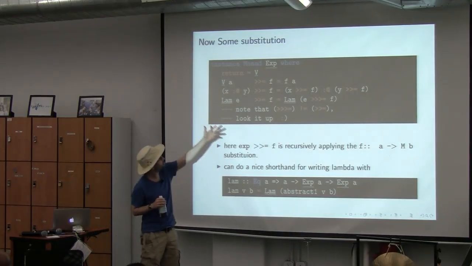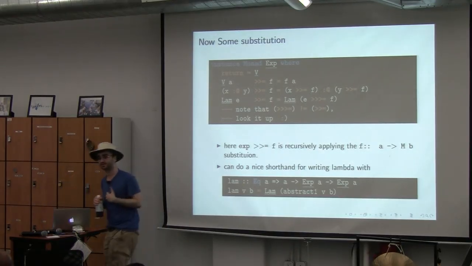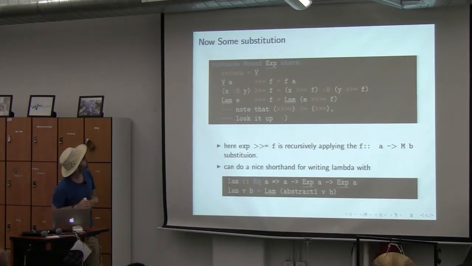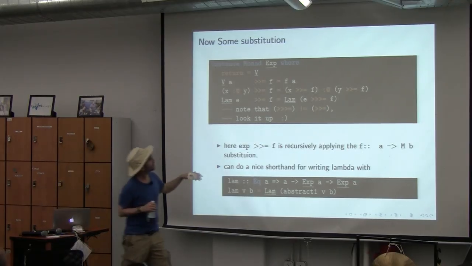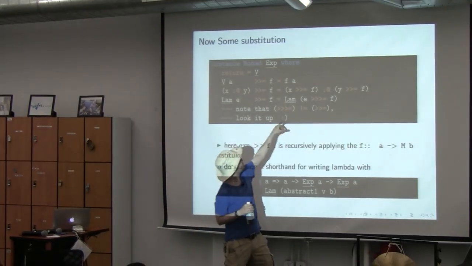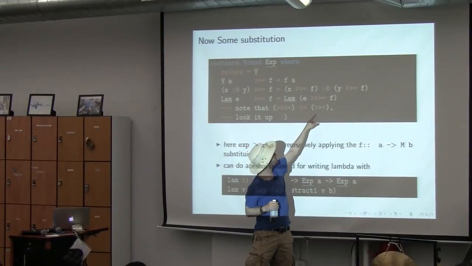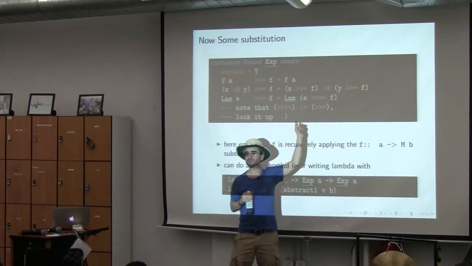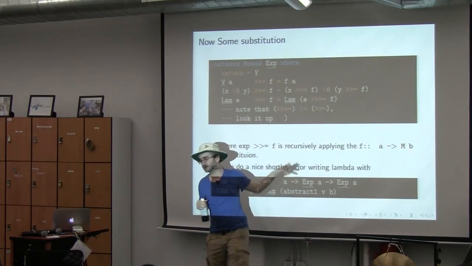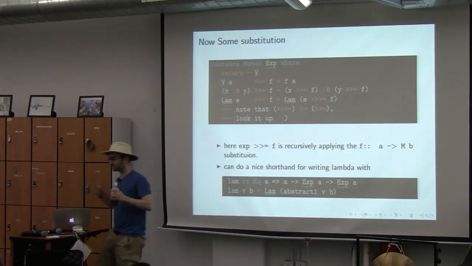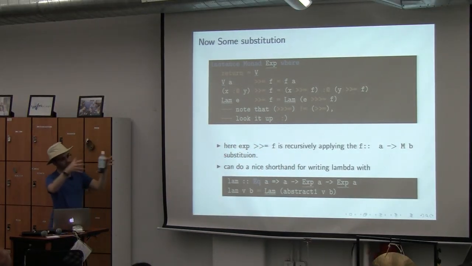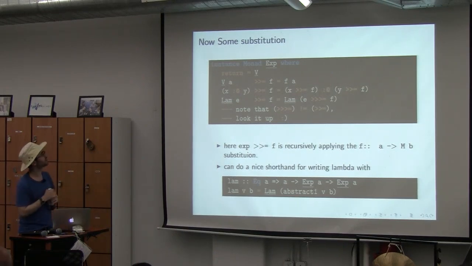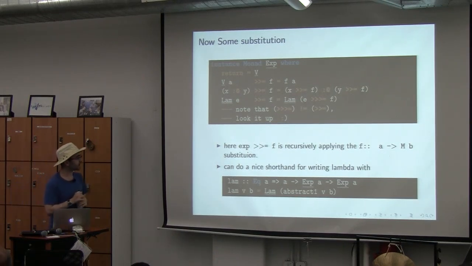With function application, we just recursively pass the substitution down. And when we have a lambda expression, we do something that looks like the bind, but has an extra character. The point is, it's the bind, but working on that scope thing that I used to define the lambda data type.